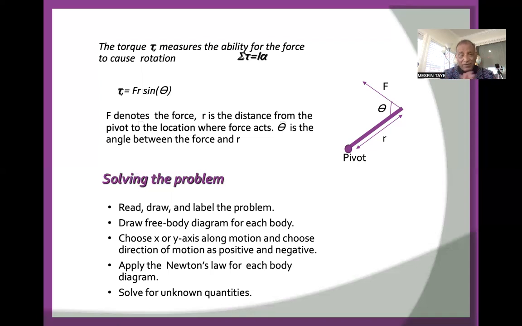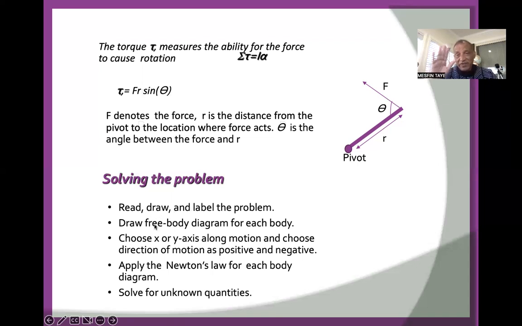So, solving problems. We have discussed several concepts, and now we're going to use them to solve a given problem. Solving problems using Newton's second law is a little bit difficult, and you have to have a strategy. First, you have to read, draw, and label the problem.